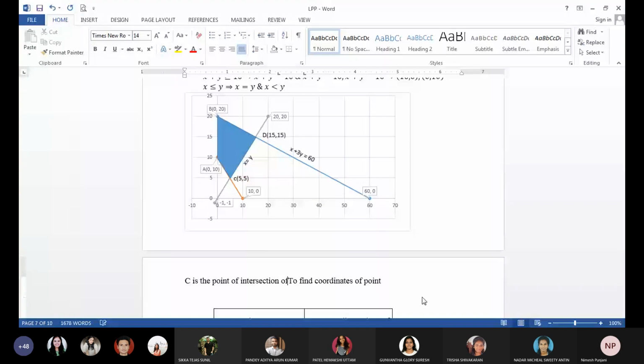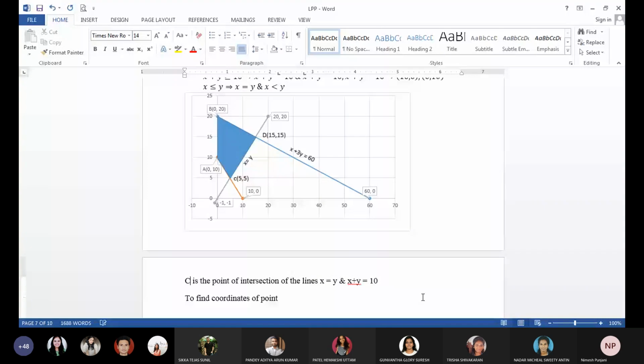C is the point of intersection of the lines x equal to y and x plus y equal to 10.